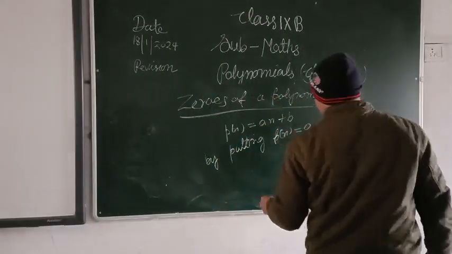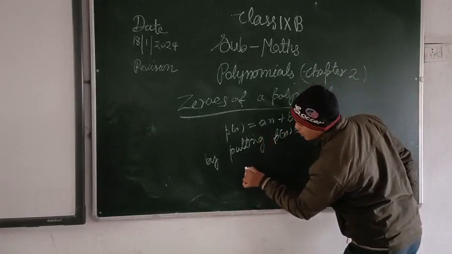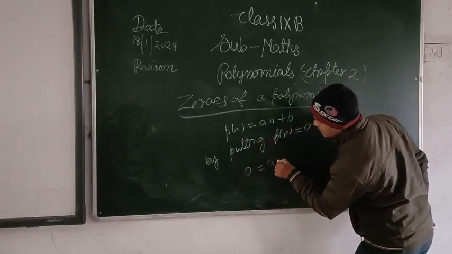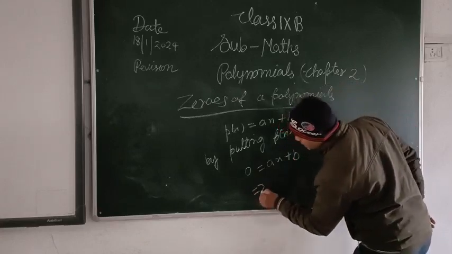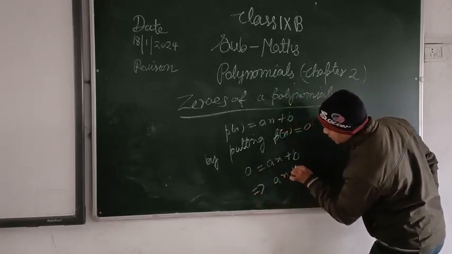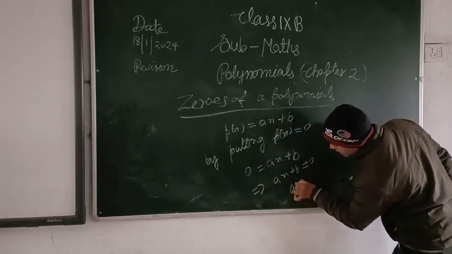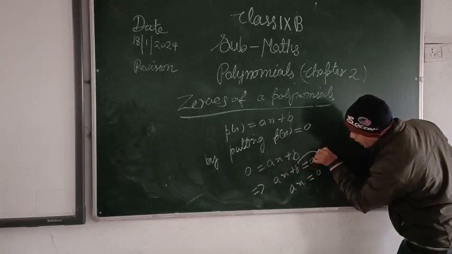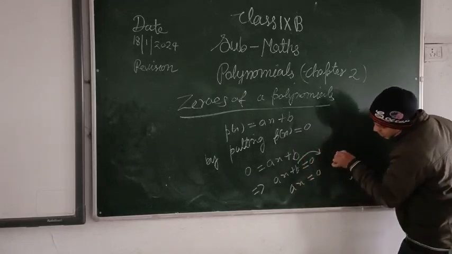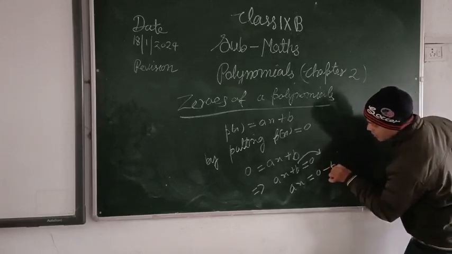So let us see here. p(x) equal to 0 means 0 equal to ax plus b, that implies ax plus b equal to 0. So ax equal to minus b, as we move b to the right hand side, its sign will be changed.